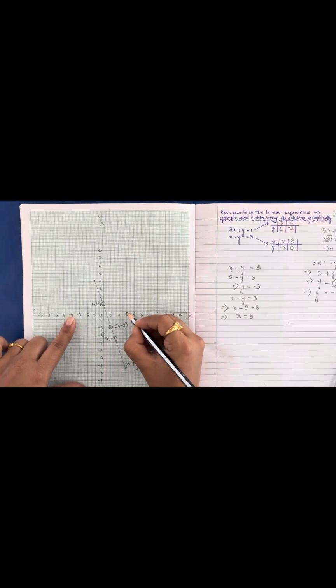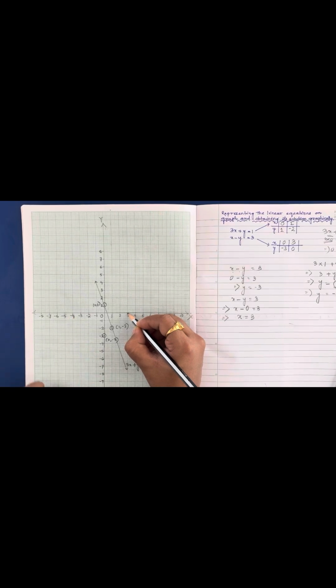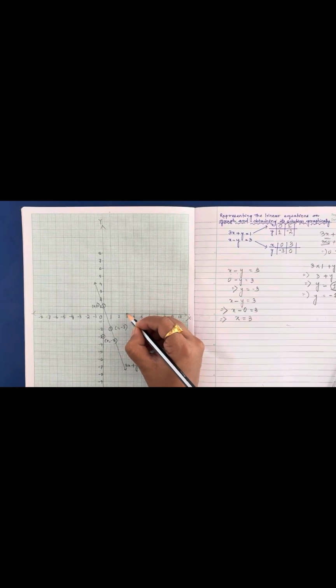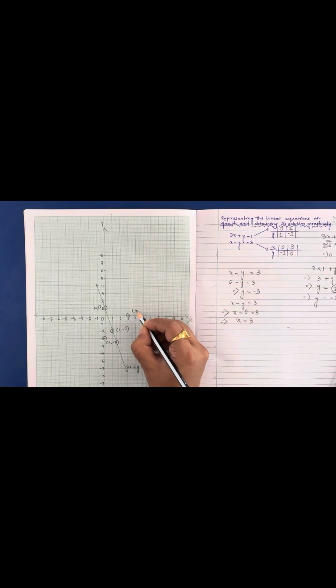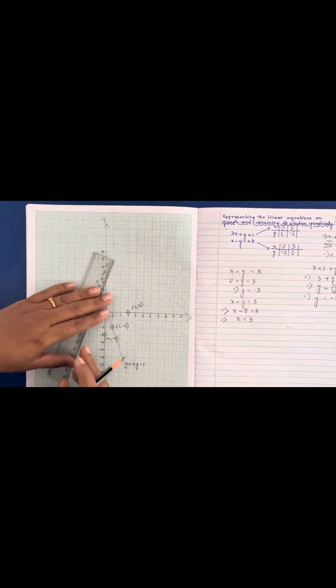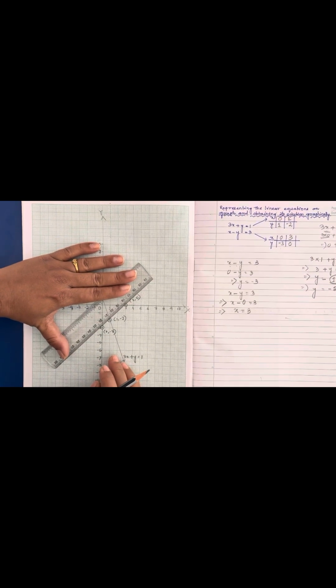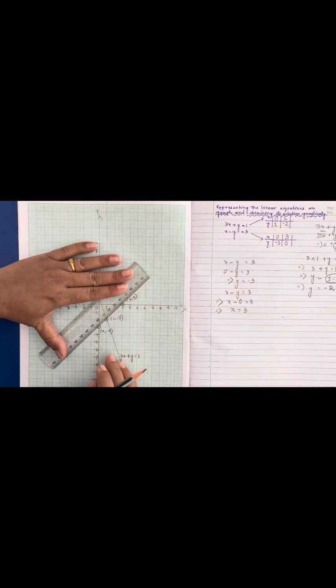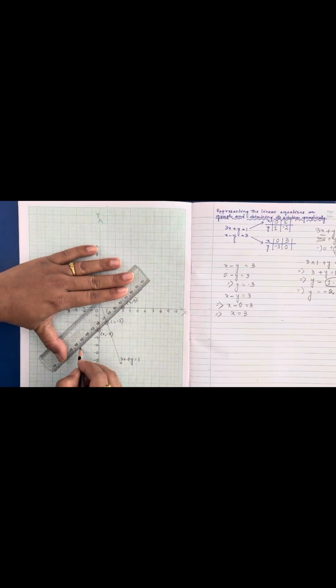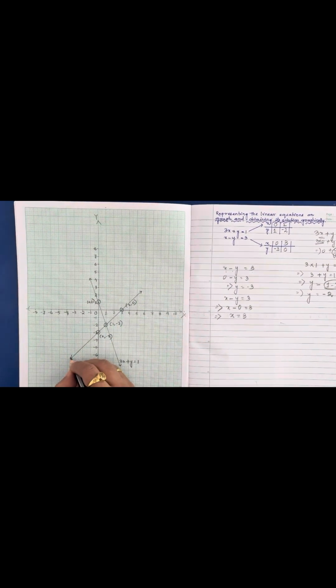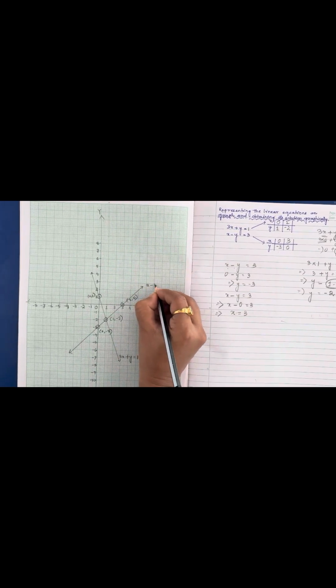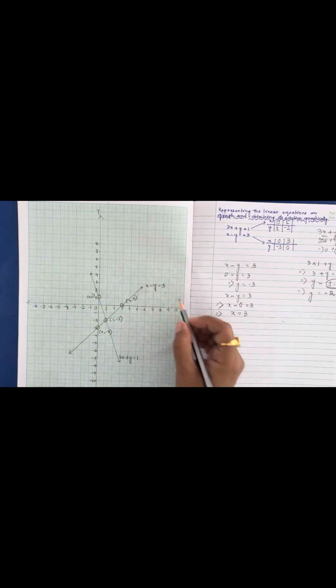This is 3 on the x-axis and 0 on the y-axis, so we don't need to move. This is the point only. This is (3, 0). Let's join these two. This line is representing the equation x minus y is equal to 3.